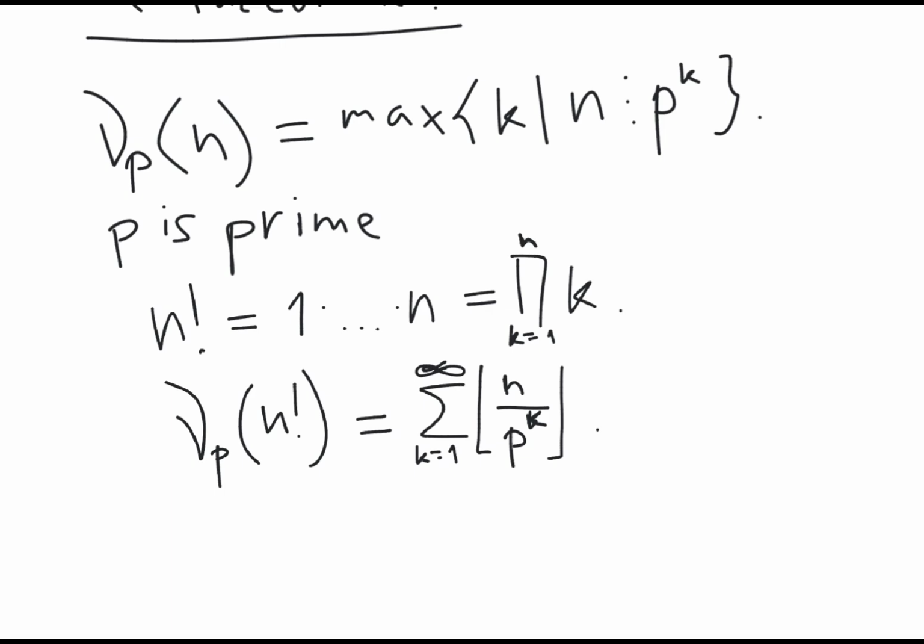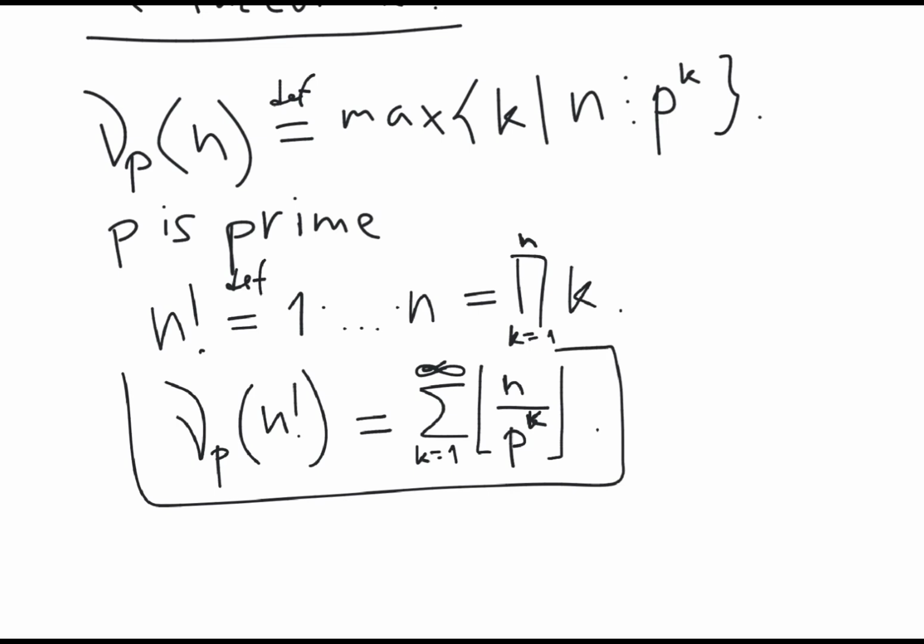Let's write here that this is a definition, and this is the formula. This is the theorem. It's important to notice that although we have an infinite sum here, it's technically infinite, but starting from a certain point all the terms are simply zero.